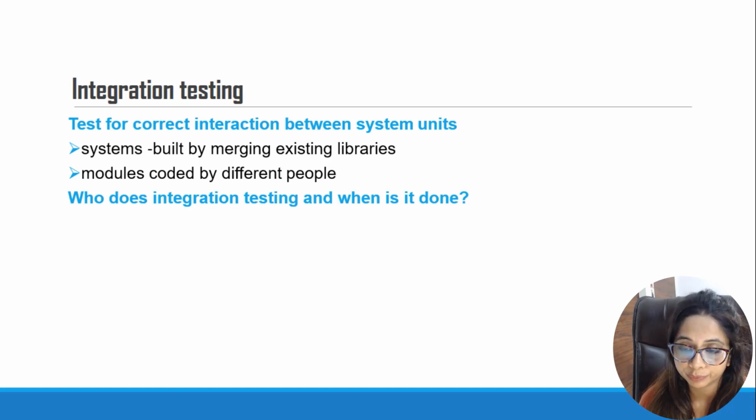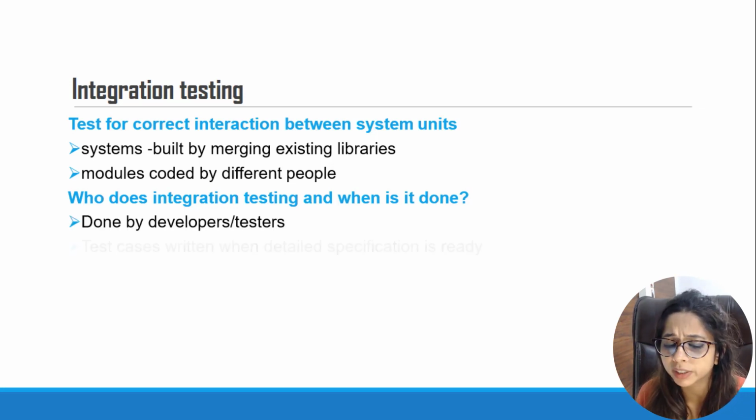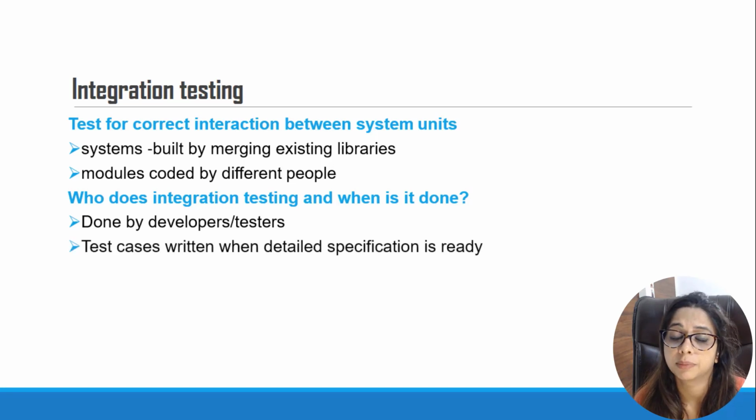So we have to check that the integration, because developer 1 has coded something and developer 2, so we are combining, so they should be in the same sync and they should be working perfectly fine. So it's important to do integration testing, isn't it? Who is doing? The testers are doing, of course, developers are doing the unit testing, the testers are doing the integration testing.